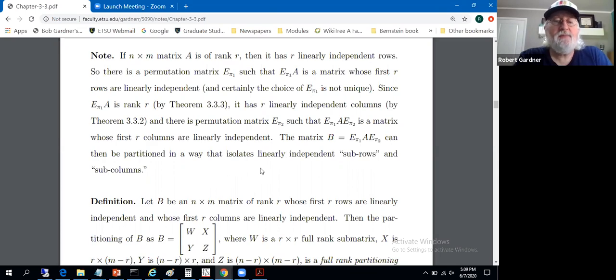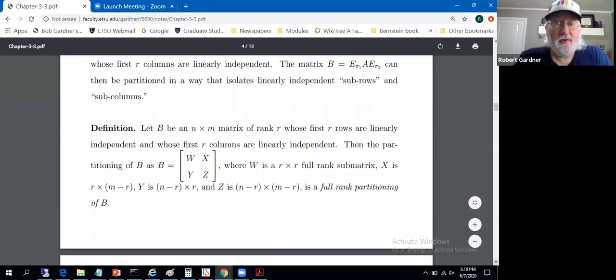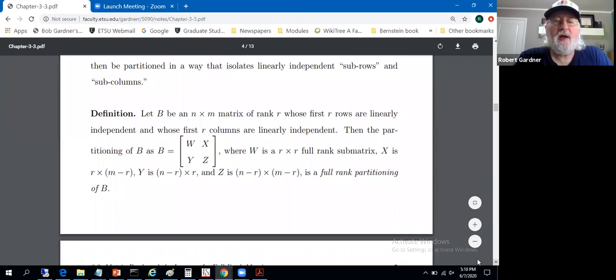So we can take this matrix A and isolate the linearly independent part. We can take matrix A and with these permutations produce a matrix, call it B, that can be partitioned in a way that isolates the linearly independent sub-rows and sub-columns. That's mentioned, and we've used it, so we can define the following.